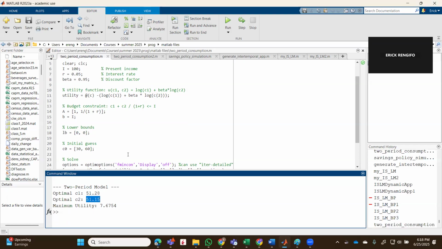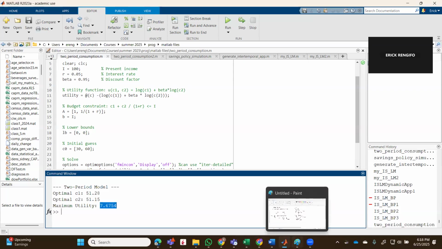And if I replace these values in my function, log of 5128 plus 0.95 log of 5115, the value that we're going to find is 7.6754. This is my maximum utility given this function and these restrictions. Okay, make sense?